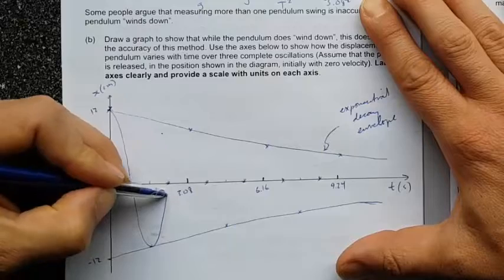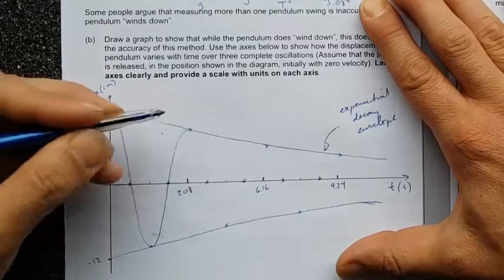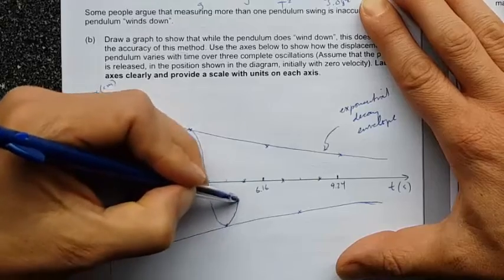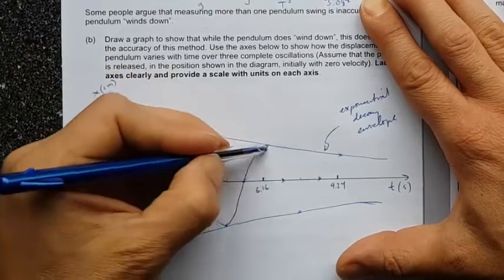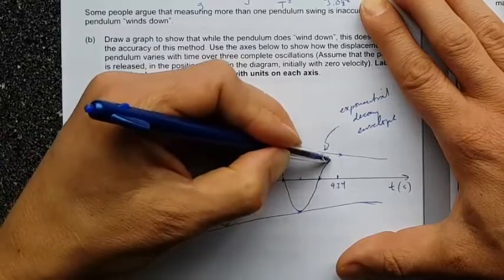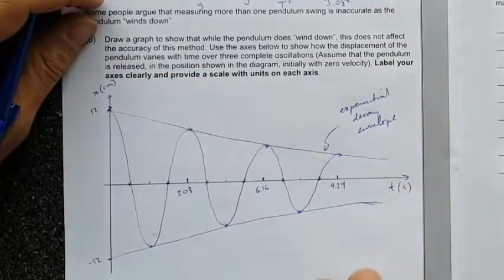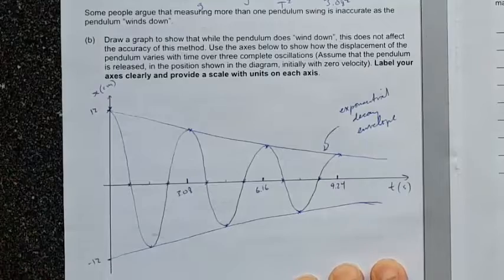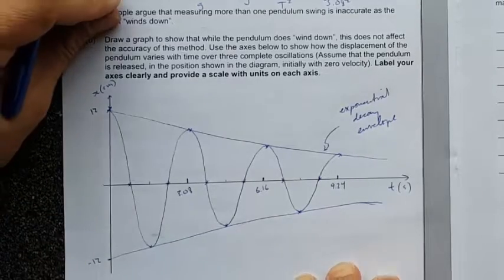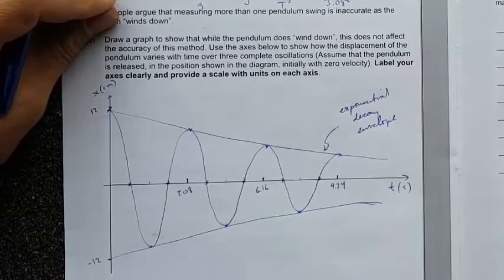Something like that. Okay. So there's our fully labeled diagram of it winding down and showing that the period remains constant anyway. So it doesn't matter that it's winding down.